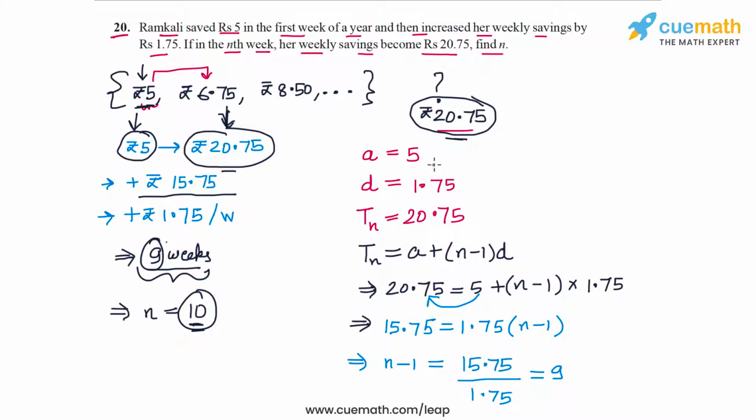It takes 9 weeks for savings to go up by this amount, 15.75. But the index of the week in which the savings become 20.75 is 10. So the answer to this question is n is equal to 10.